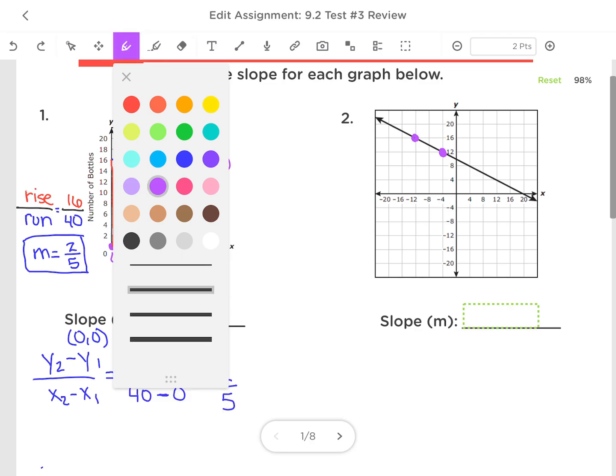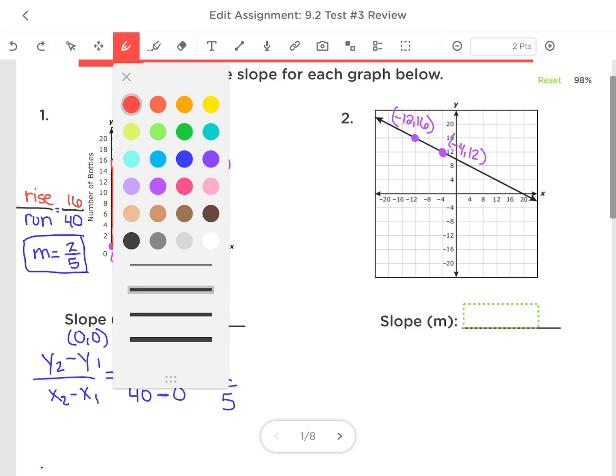That's why maybe actually doing the formula might be better. So this first point is negative 4, 12. And the second point is negative 12, 16. So again, be careful when you're doing this.